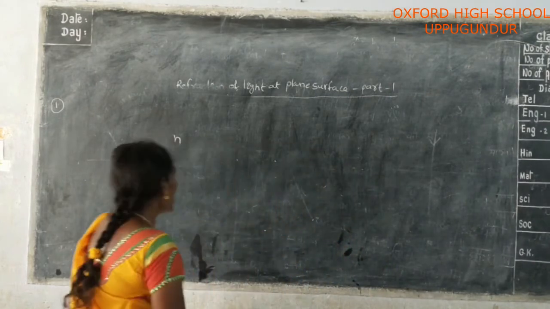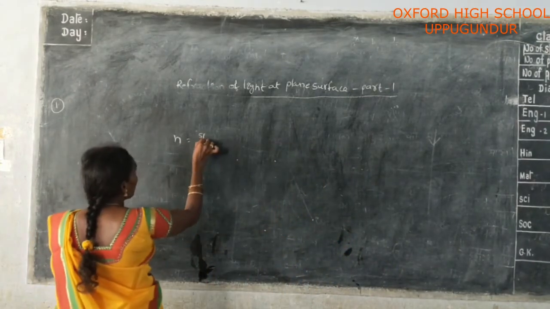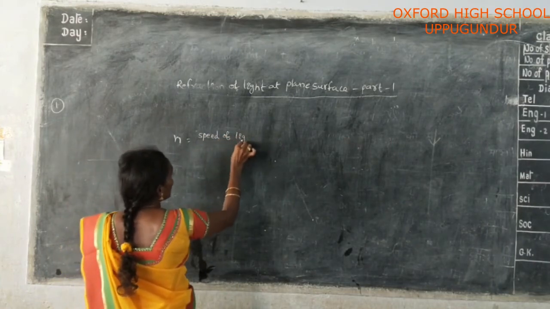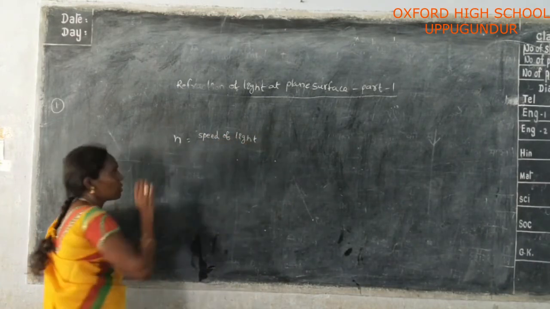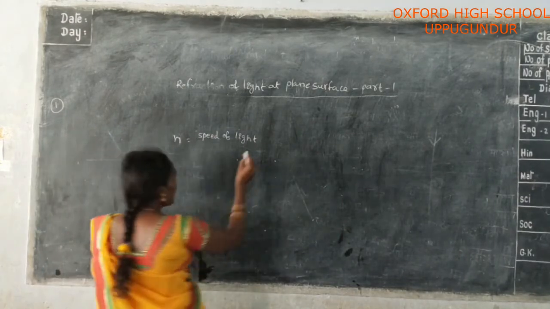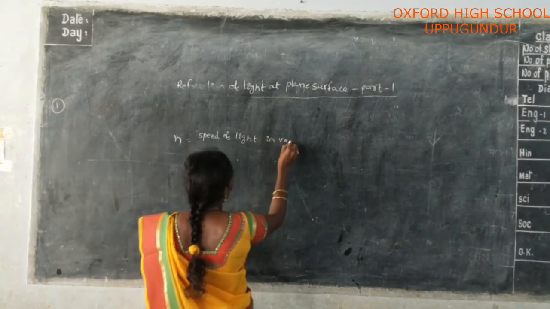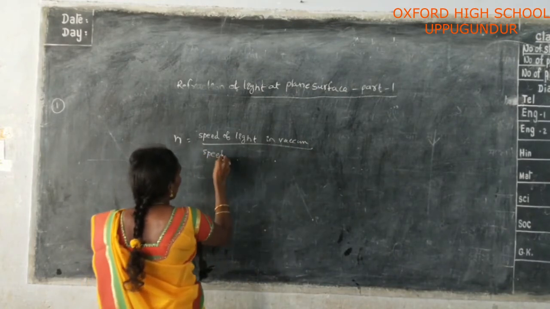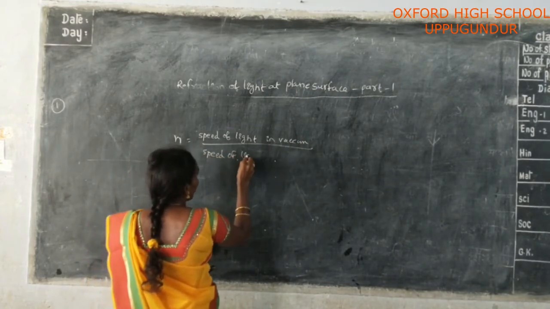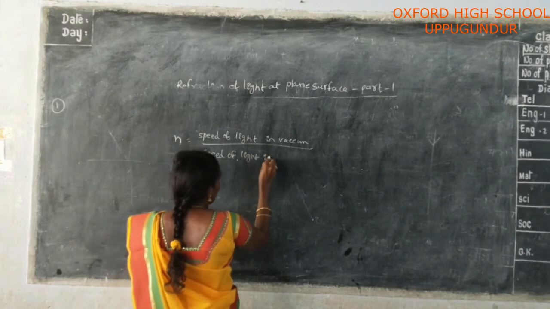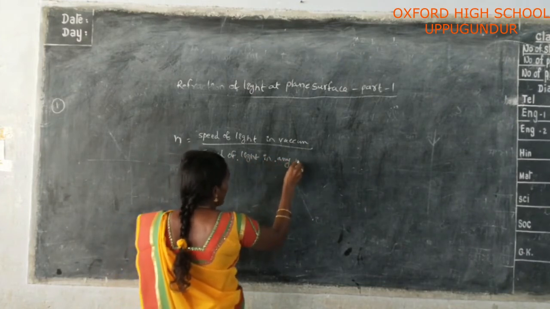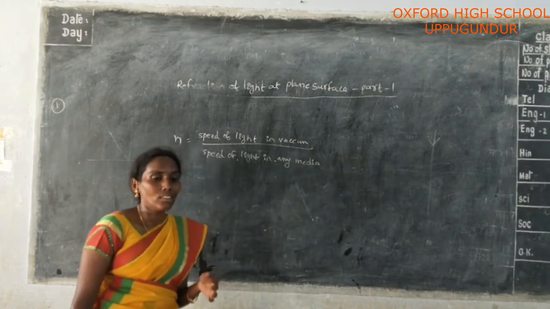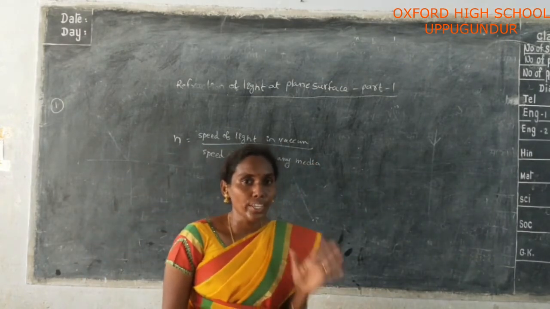Here the refractive index is defined as the ratio of the speed of light in vacuum to the speed of light in any media. Any media means that is water, glass, air, whatever it is.